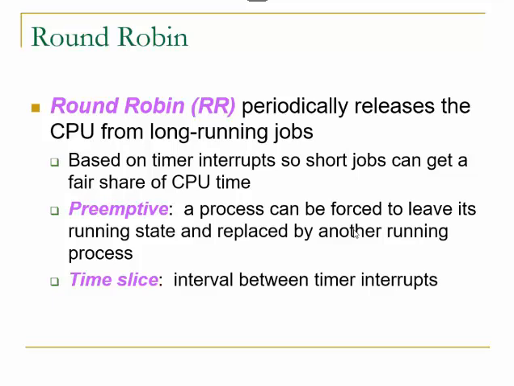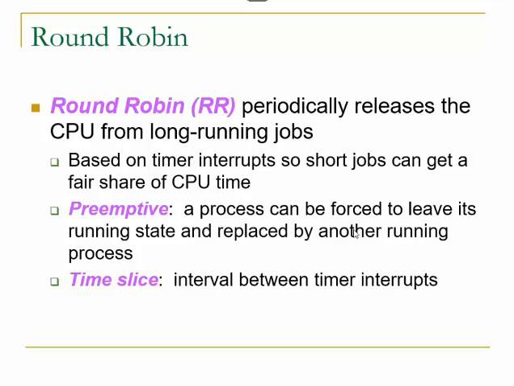Second is round robin scheduling. In round robin scheduling, we assign a time quantum to each process and periodically release the CPU from long running jobs. Based on the timer or time quantum, an interrupt is generated, so short jobs can get a fair chance of getting CPU time.